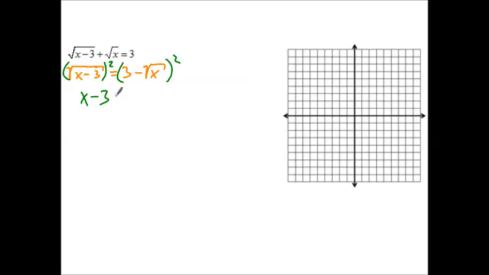We get x minus 3 is equal to, and now on the right we yet again have something of a binomial. That means we need to FOIL. 3 minus the square root of x times 3 minus the square root of x.